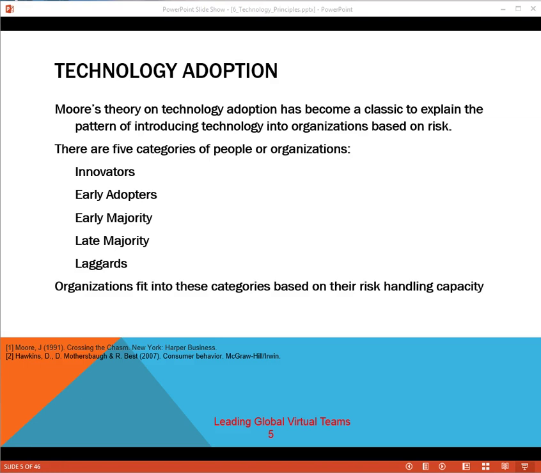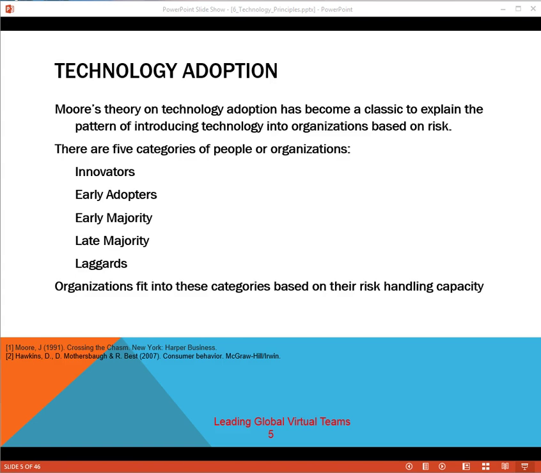So, in addition to the impact of the introduction of technology, we also want to look at the pattern of technology adoption. So there's a pattern on how technology is adopted, and then of course that's going to lead to the three orders of effects once it is adopted.